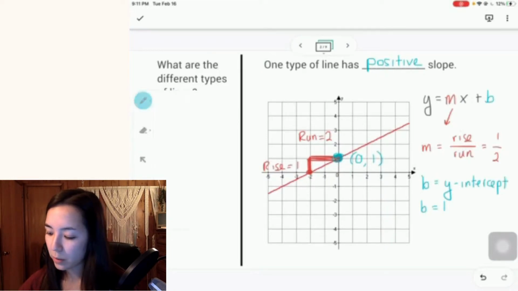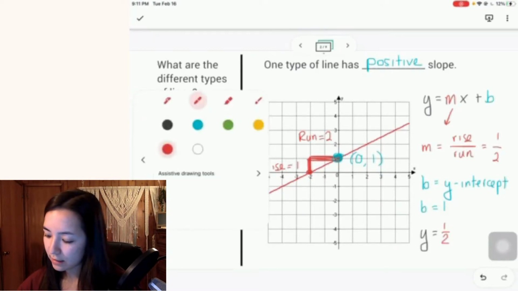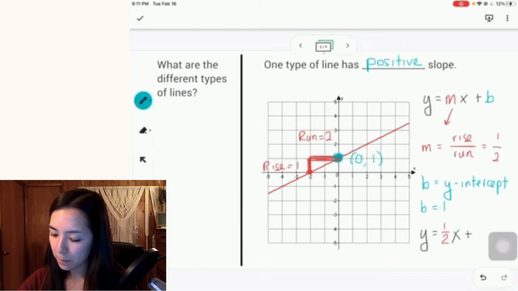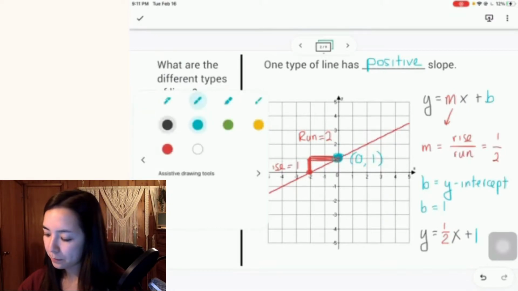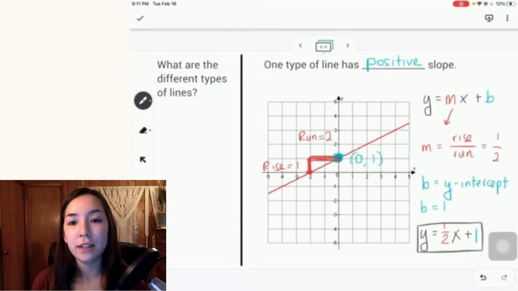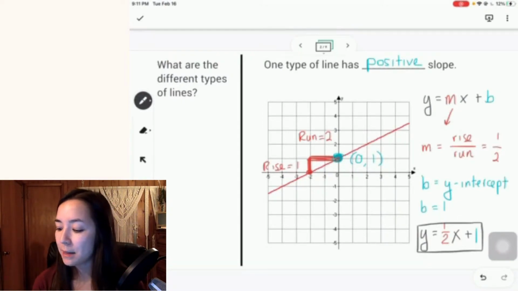So our final equation is y equals 1/2 times x plus 1. So pause the video here and make sure you write down this example in your notebook.